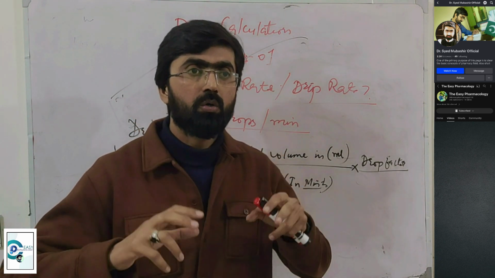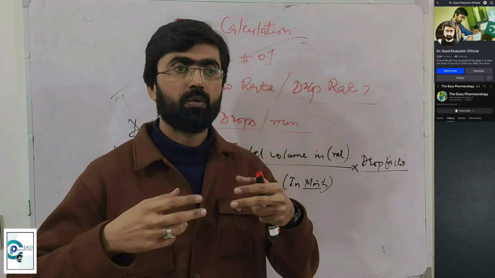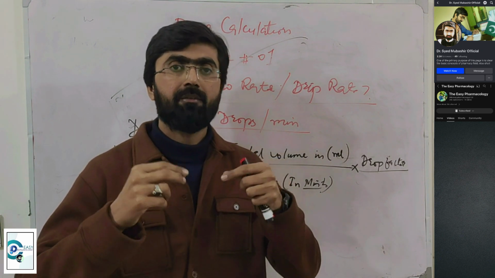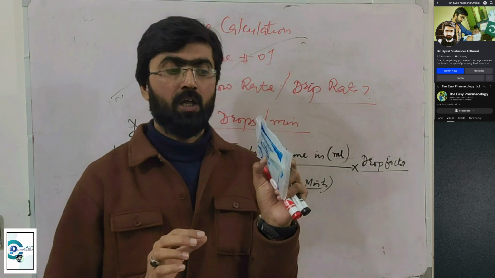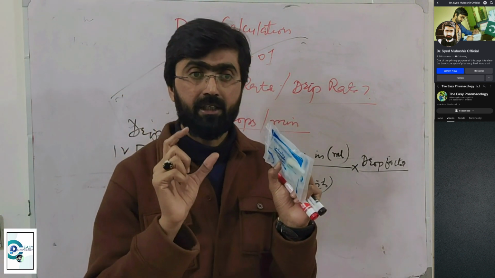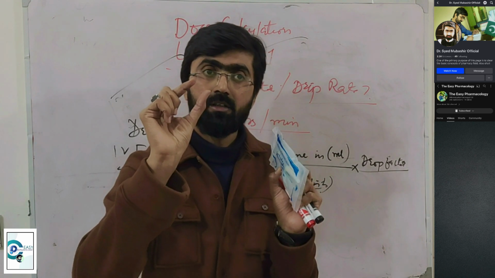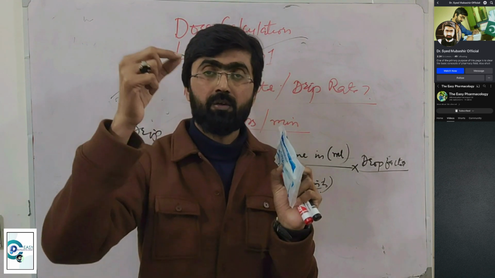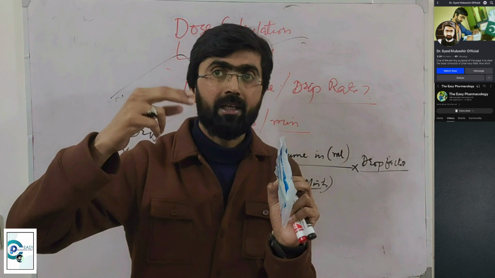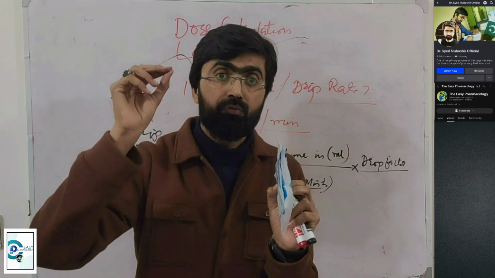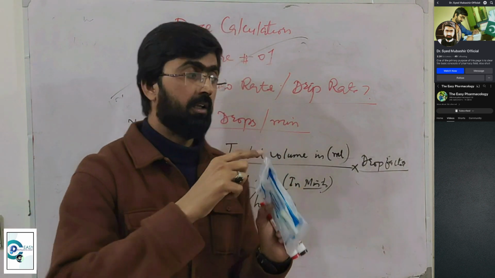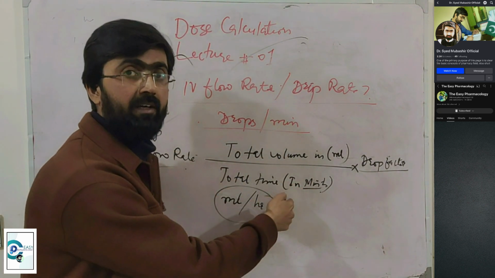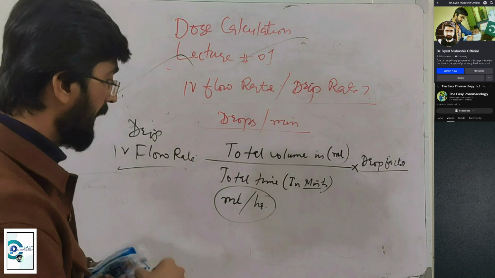But how are you going to give the IV fluids? Through this drip set. So now there is a need to set the drops, the falling of the quantity, how many drops should fall so that such quantity should be delivered in hours.